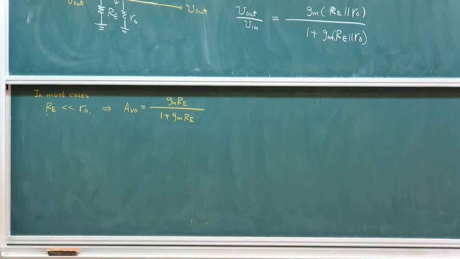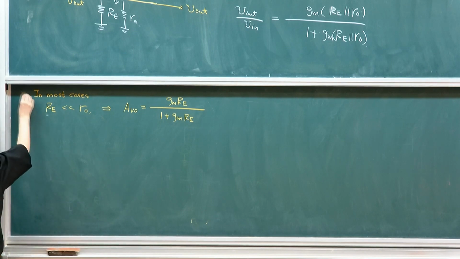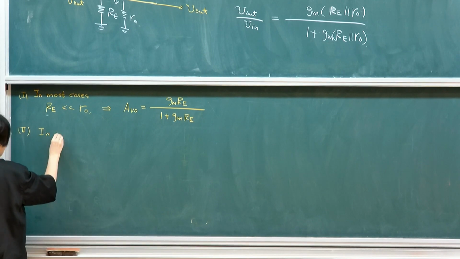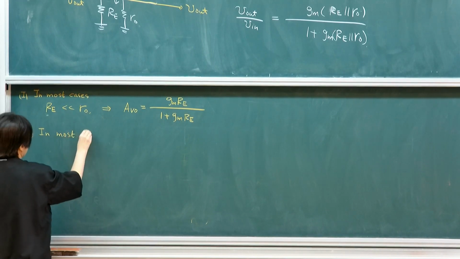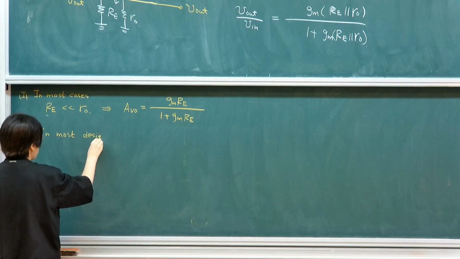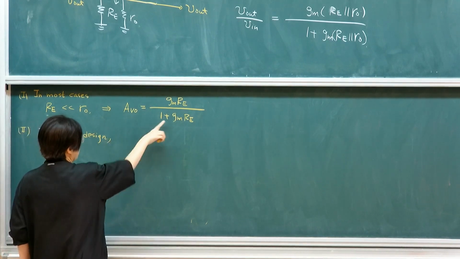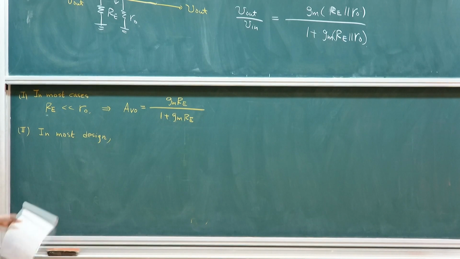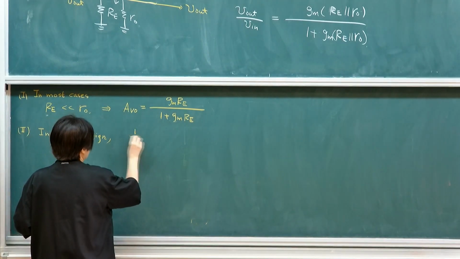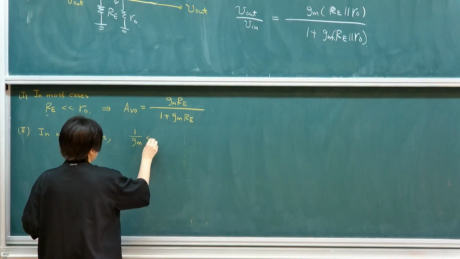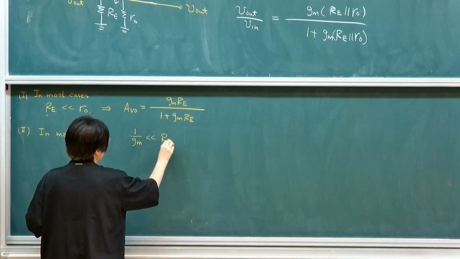And by design, if we want to deliver a close to ideal voltage buffer, in most designs the design purpose is to deliver a voltage buffer. Therefore, you want the gain to be close to 1. So how does one do that? Because Gm is something that we can design. In most cases, we want to design 1 over Gm to be much, much smaller than RE.